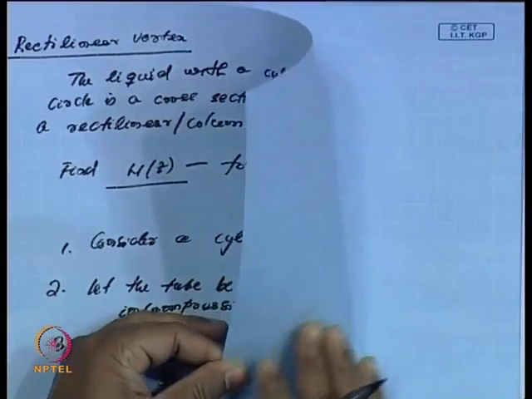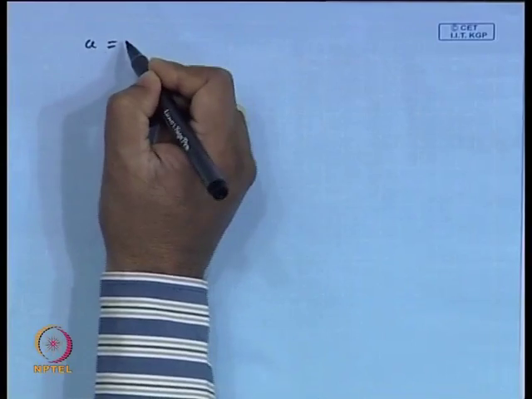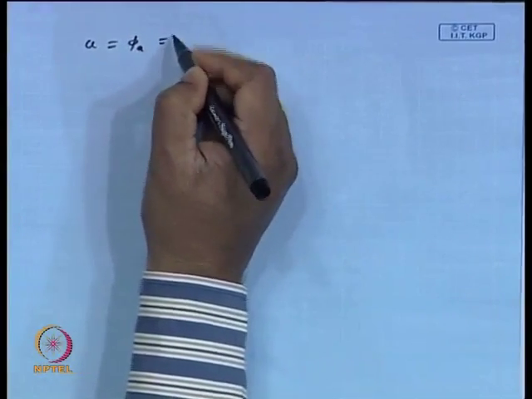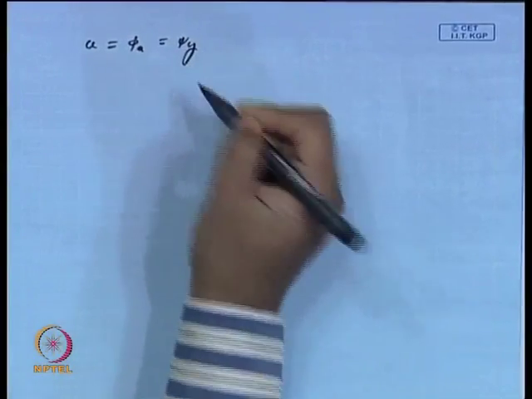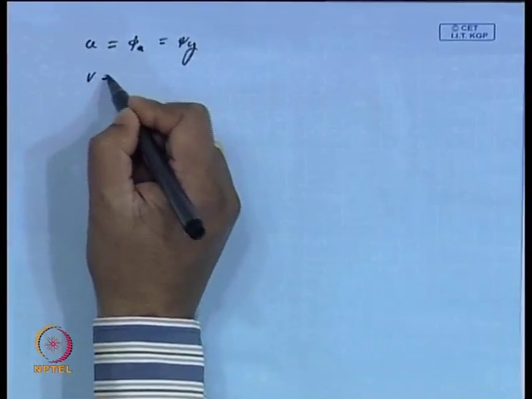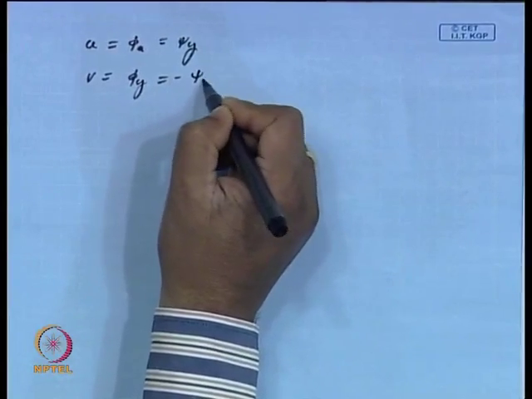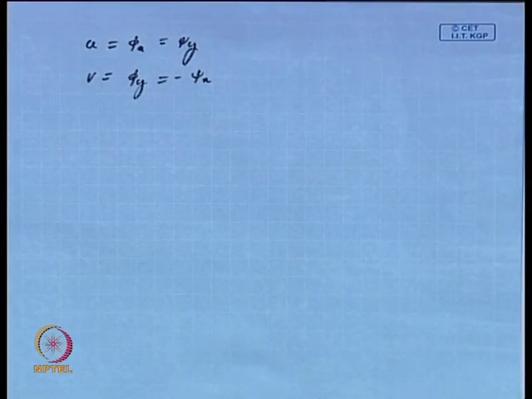Now, what will happen to u? We have u is equal to phi x, that is equal to psi y, where phi is the velocity potential and psi is the stream function, and again we have v is equal to phi y, which is nothing but minus psi x outside the tube.